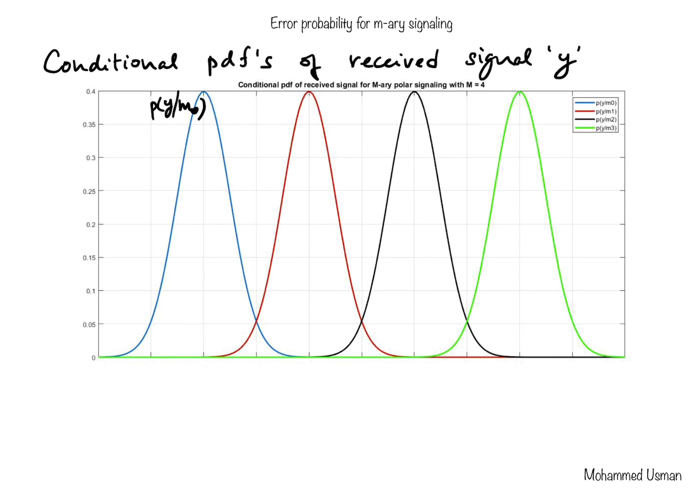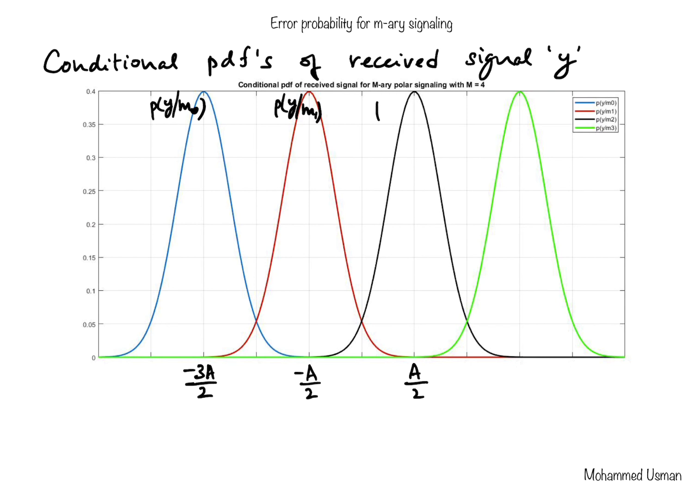Similarly, when M1 is transmitted, we'll have this P of Y given M1. So when M0 is transmitted, it is going to be centered on minus 3A by 2, and when M1 is transmitted, it is centered on minus A by 2, and when M2 is transmitted, it is going to be centered on plus A by 2.